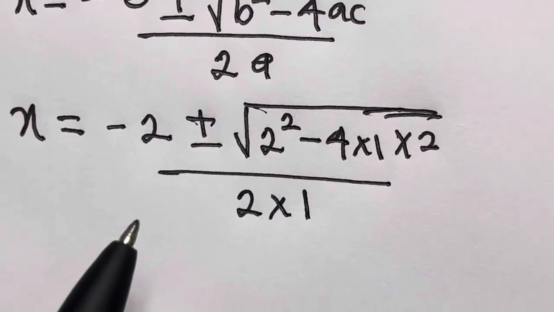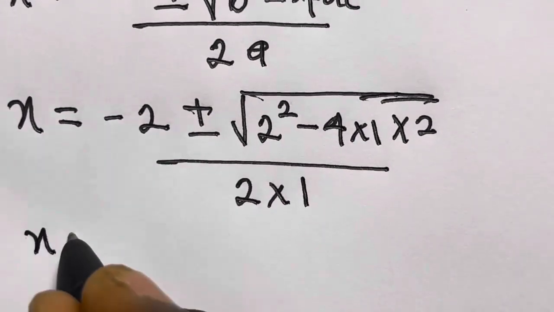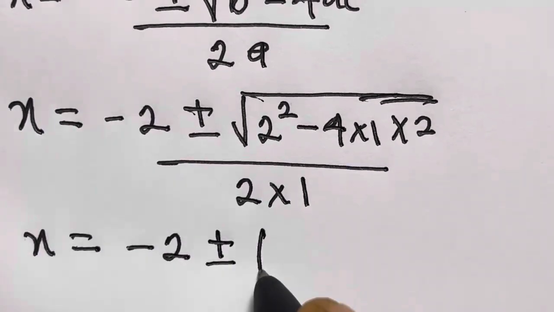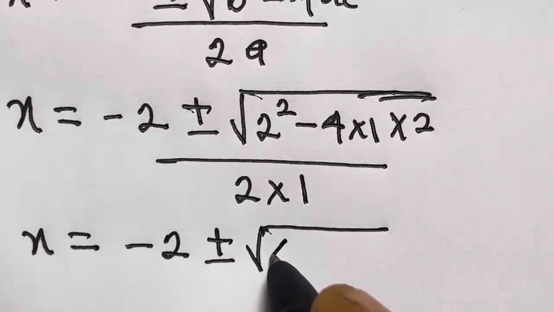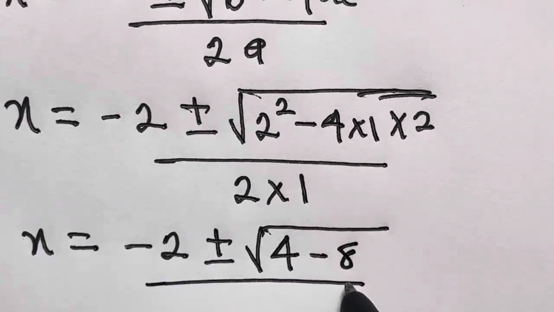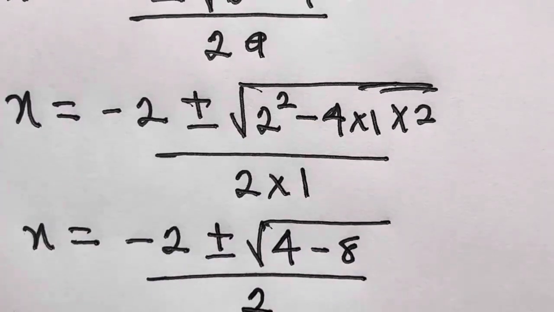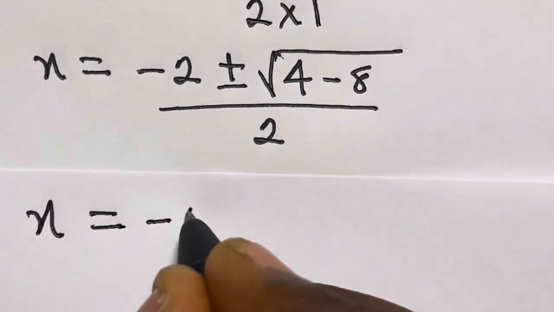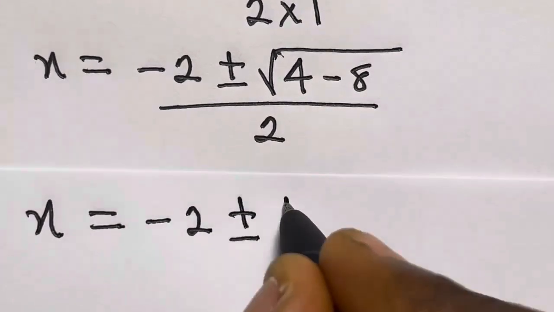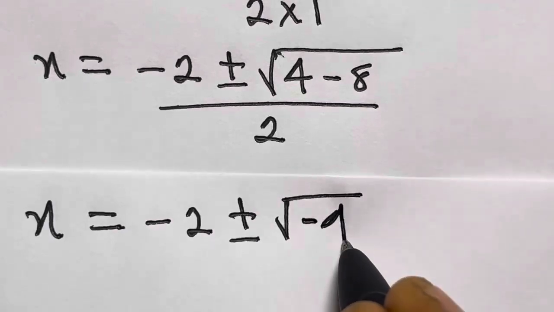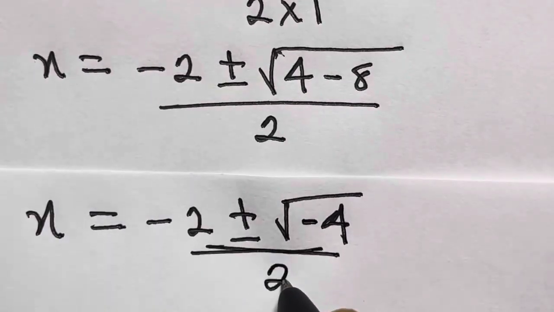So we have x equals minus 2 plus or minus, 2 squared will give us 4, minus 4 times 1 times 2 will give us 8, divided by 2. So we have x equals minus 2 plus or minus square root of 4 minus 8, that is minus 4, divided by 2.